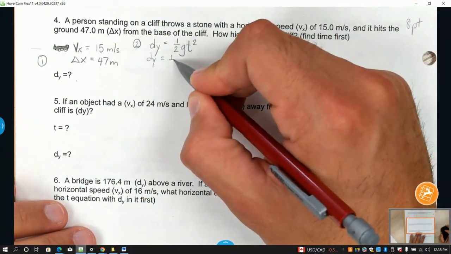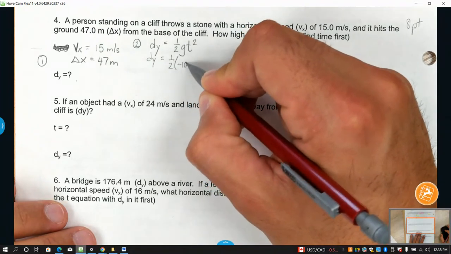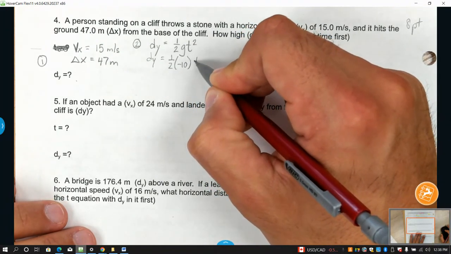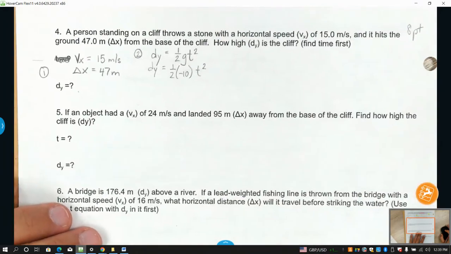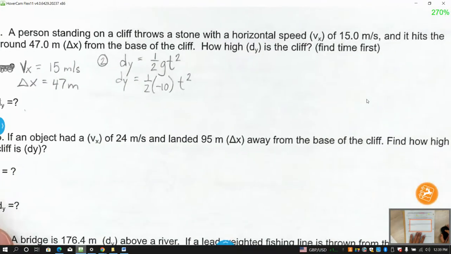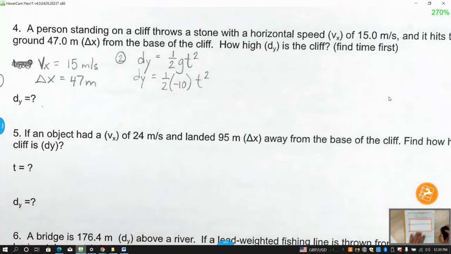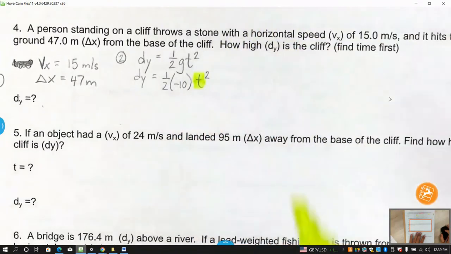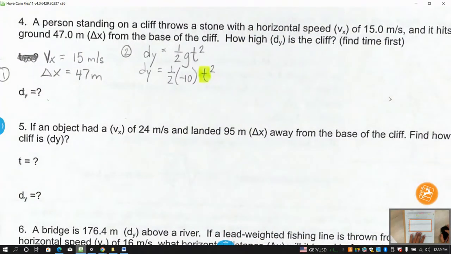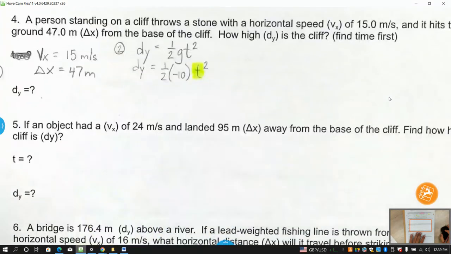So if I did 1/2 of -10 times t squared, can I solve for dy right now? No. Why? Because I'm missing t. So that means in order to find this final answer, I have to go on a side quest.